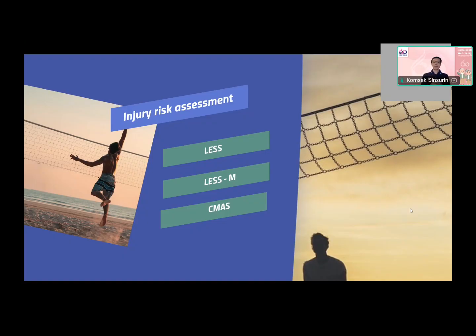For instance, if you assess the risk of non-contact ACL injury in volleyball players, I would say the LSM is more appropriate than the CMAS, because volleyball players mostly perform jumping and landing, not cutting, right? But if you assess the risk of injury for soccer players, I would say the CMAS would be more appropriate. If you would like to assess basketball players, you can pick both the LSM and the CMAS, as basketball players typically perform jumping, landing, running, and cutting as well. So that's why we need to assess both types.